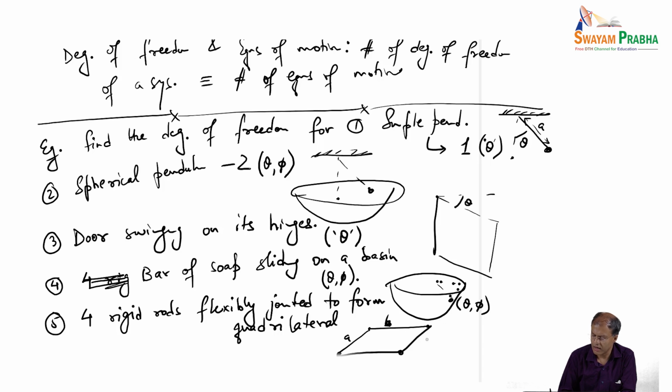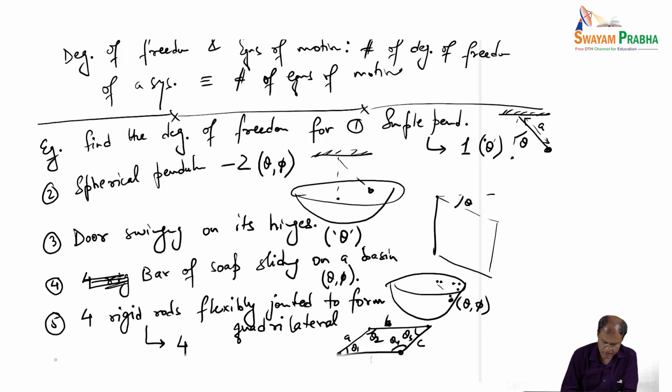Again, the rods are at a fixed distance, the points are at a fixed distance from each other, and all we expect are the angles theta 1, theta 2, theta 3 and theta 4, which are going to completely describe the motion of the quadrilateral. So the answer is, we have 4 degrees of freedom.